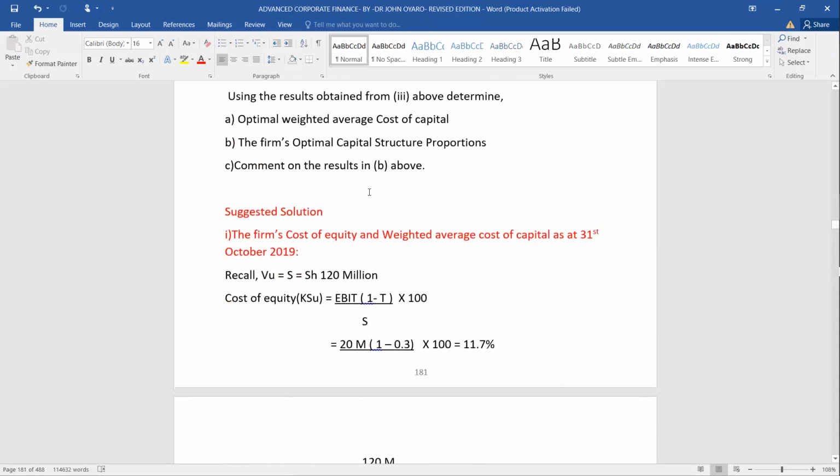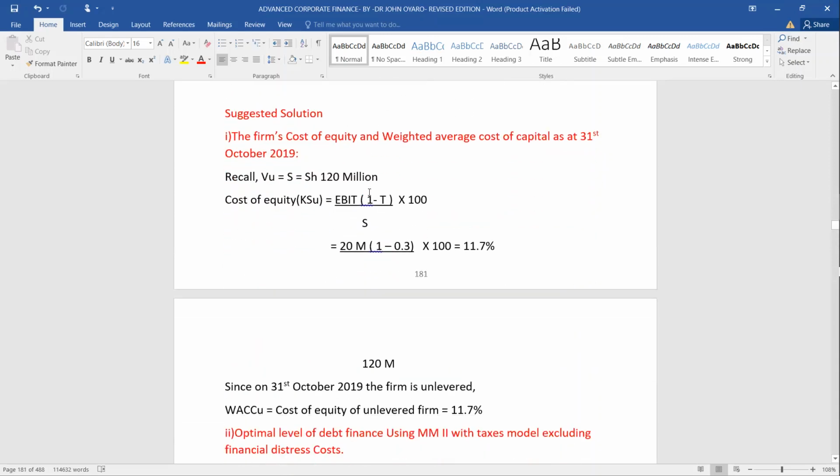And this is what I've worked out: the firm's cost of equity and the weighted average cost of capital. I've confirmed that VU, recall that VU is equal to S, that's 120 million. Cost of equity is operating income times (1 minus T) divided by market value of equity, times 100. This is an unlevered firm, so you don't have to worry about interest.